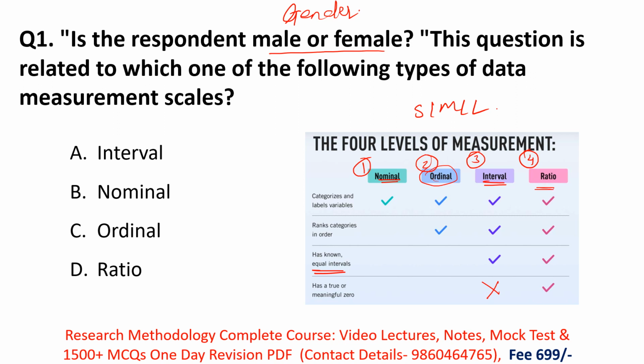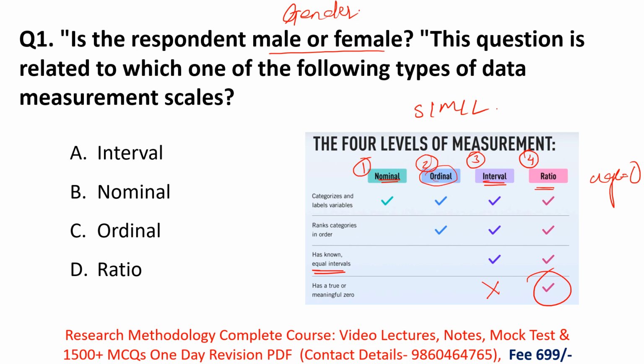Ratio has all the characteristics of interval, and there is a meaning of zero. For example, if your age is 0, that means you were born on that day.